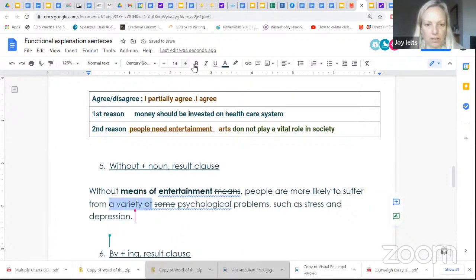Okay, good. Good sentence. Without means of entertainment, people are more likely to suffer from a variety of psychological problems such as stress and depression. Nice.